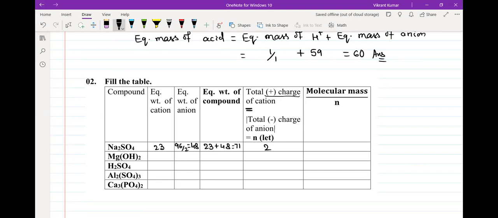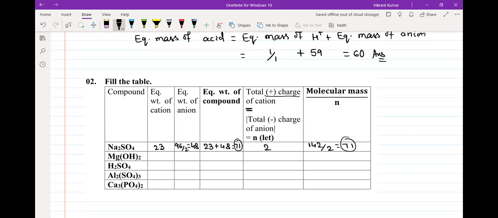What is the molecular mass of sodium sulfate? If you calculate that, how much we are getting? 142. And I have told you to just do one exercise, molecular mass divided by this n. That is coming 71. We are getting both the numbers exactly same, not approximately, it is exactly same.